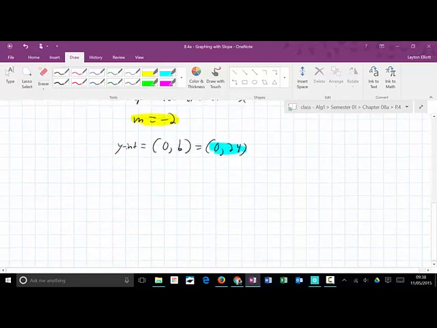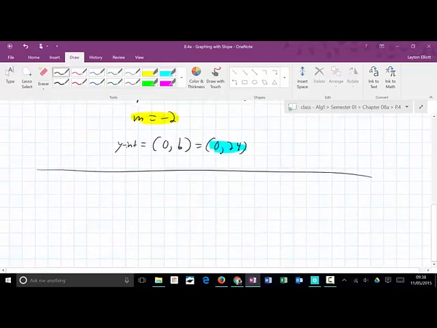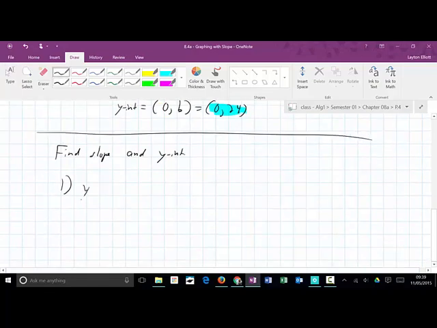So some examples that you might see are to find the slope and the y-intercept. So first example would be y is equal to negative x over 2 plus 5. Well, we don't have to manipulate this one. I just need to look at the slope equals the coefficient of negative x over 2.